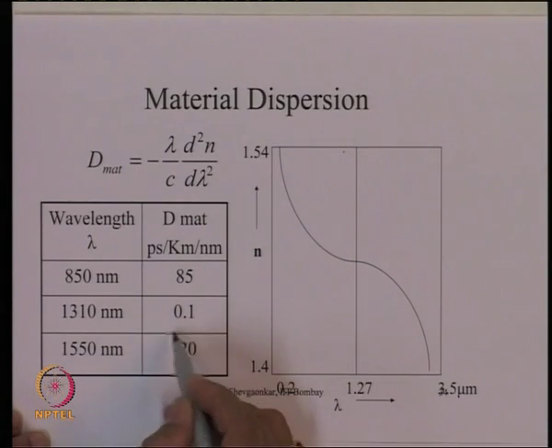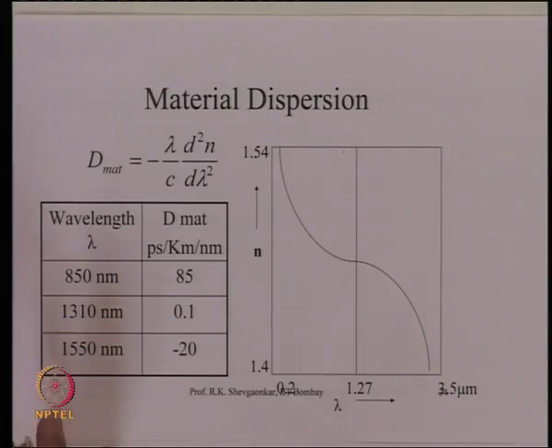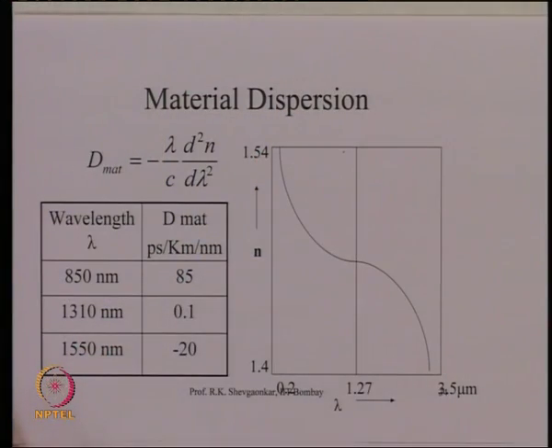So, here the dispersion is very small, and now you will appreciate why the 1310 window was preferred against 850, because in this the dispersion is very small. Again, when you go to the wavelength which is 1550 nanometer, the dispersion becomes negative 20 picosecond per kilometer per nanometer.